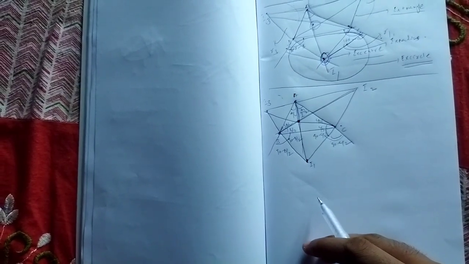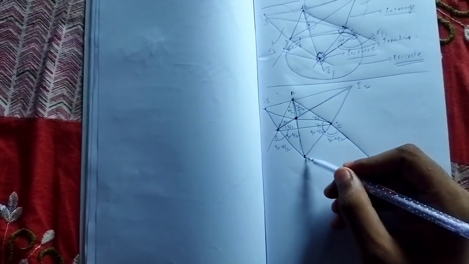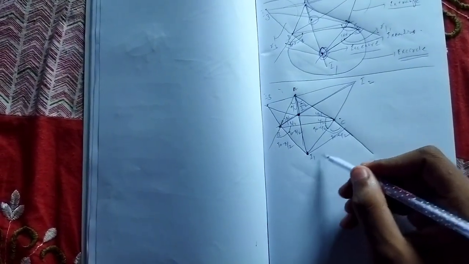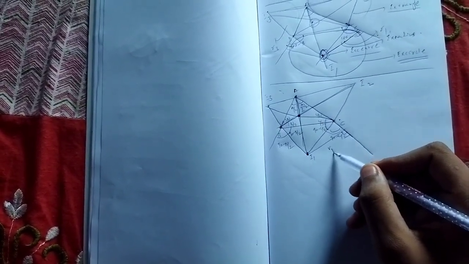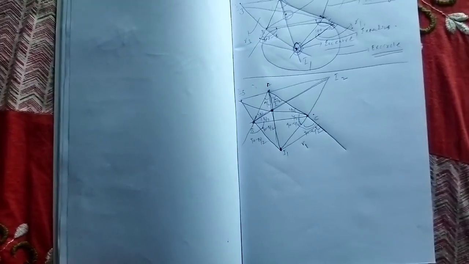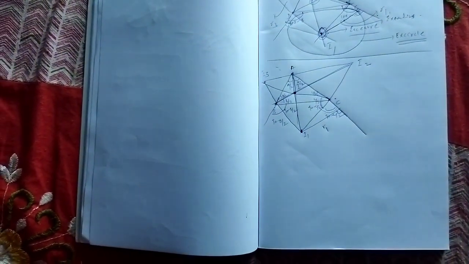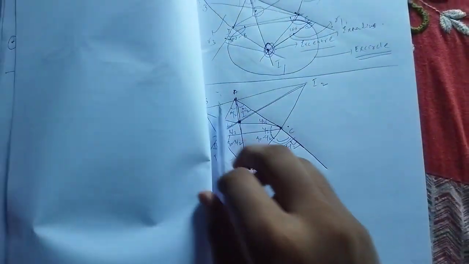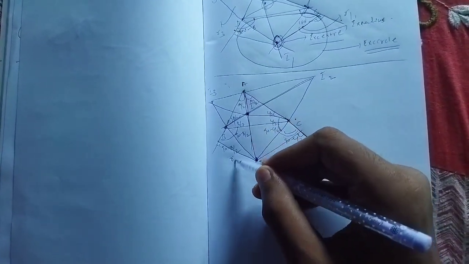And the perpendicular from the excenter to this side is known as the exradius. This is nothing but r1, right? Similarly, this is also r1.